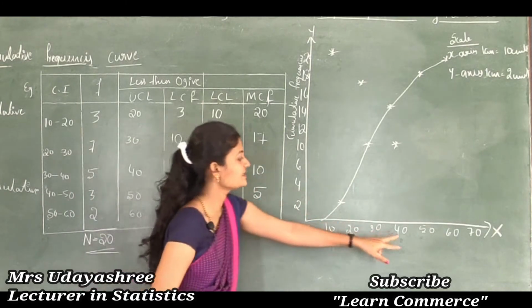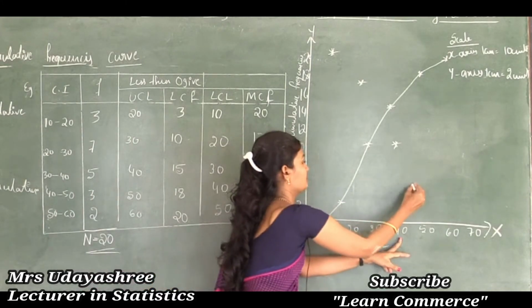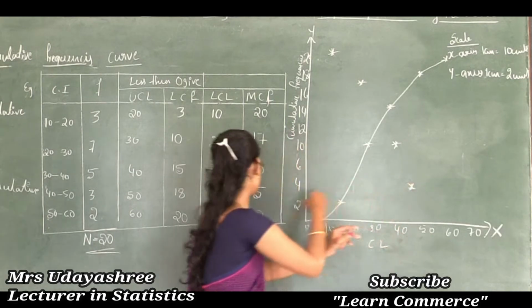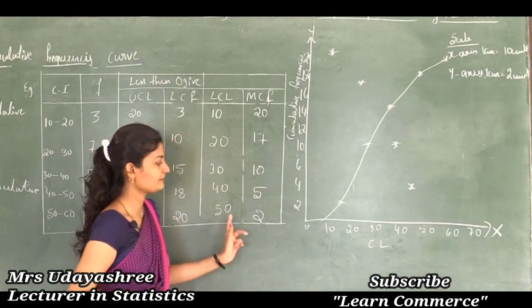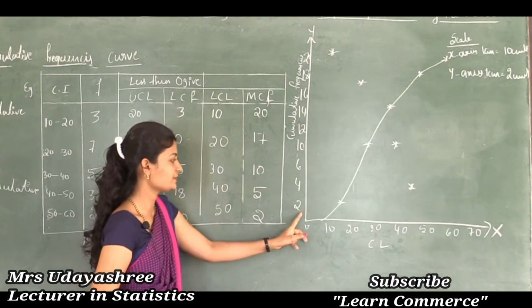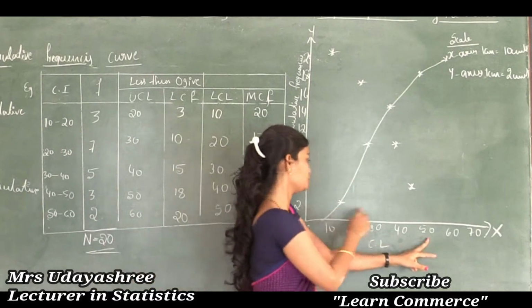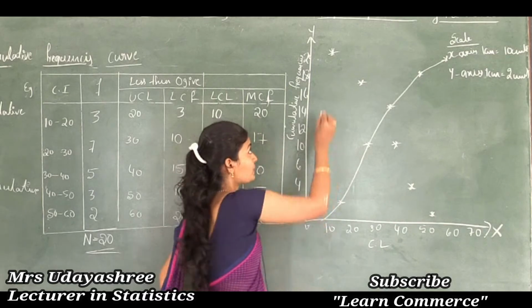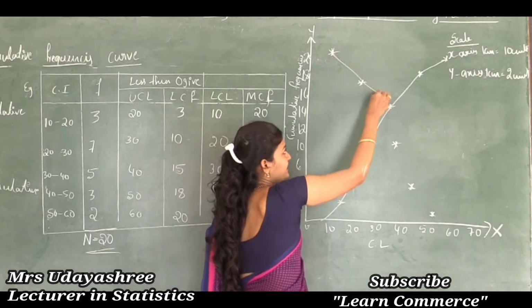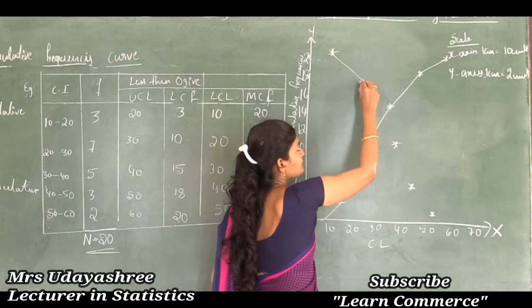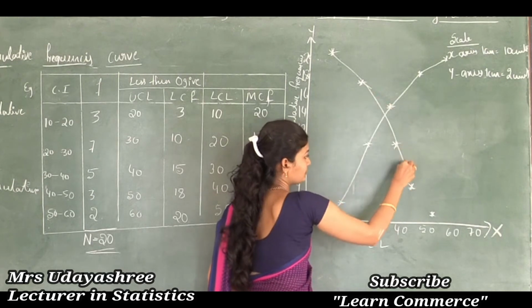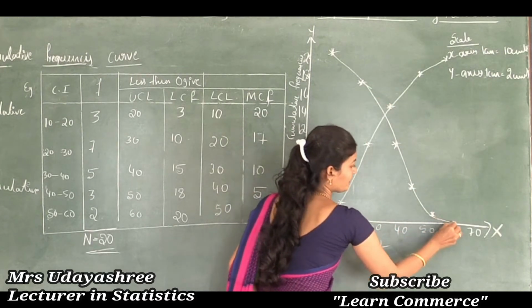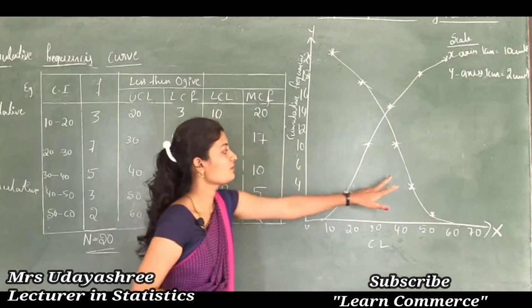So 40 is here, 5 is here. Next 50, corresponding cumulative frequency 2. So 50 is here, 2 is here. So after that I will join these plotted points by smooth curve like this. So this is more than ogive.